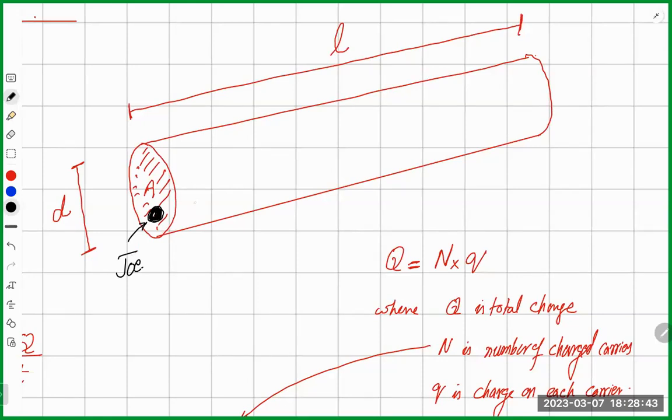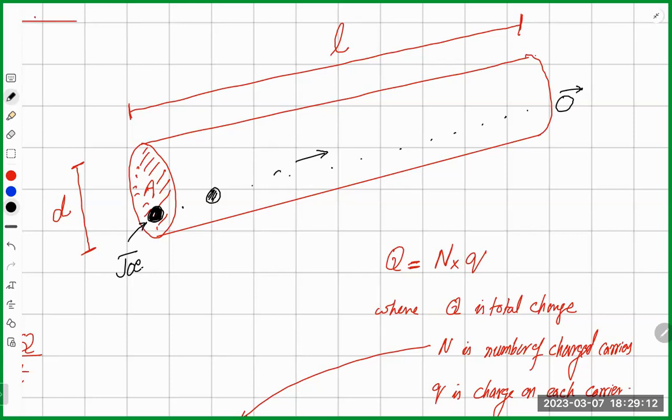So what happens? There are so many electrons in the conductor. They will have a forward force, and the last electron will pop out. So this Joe will get here, and then another electron will come in.